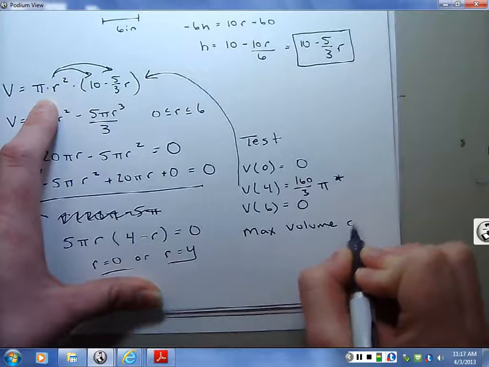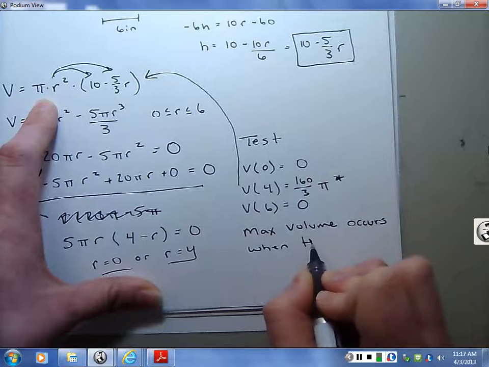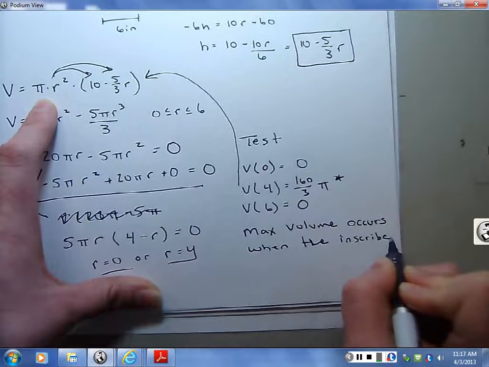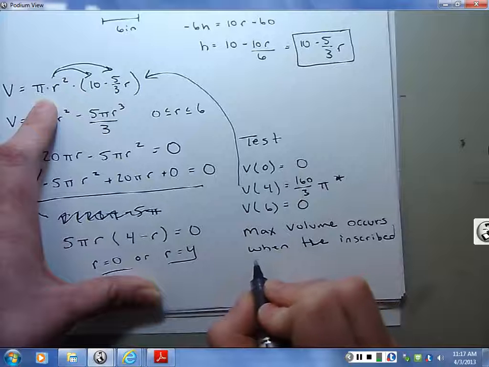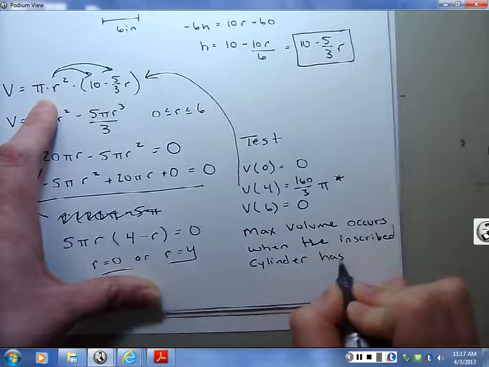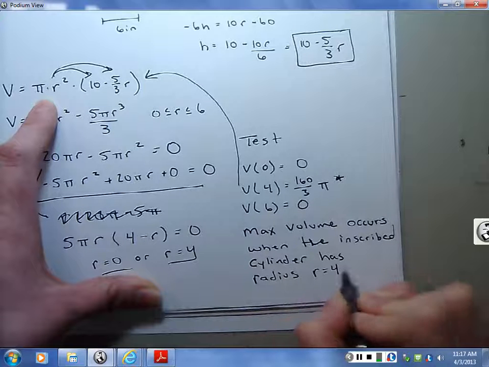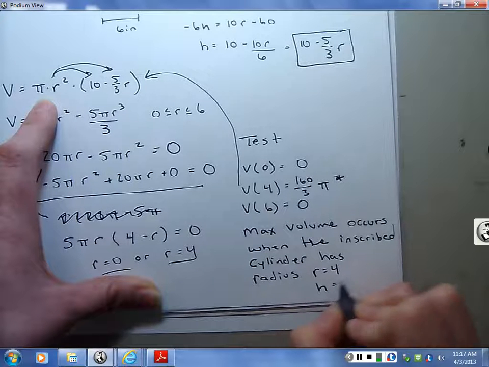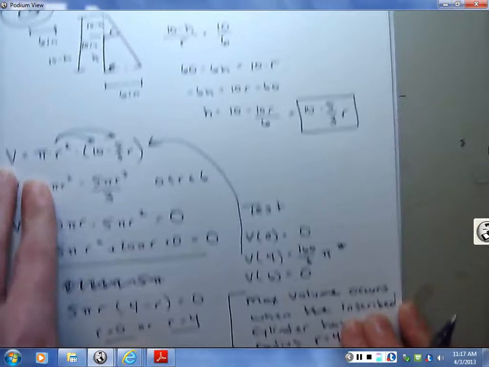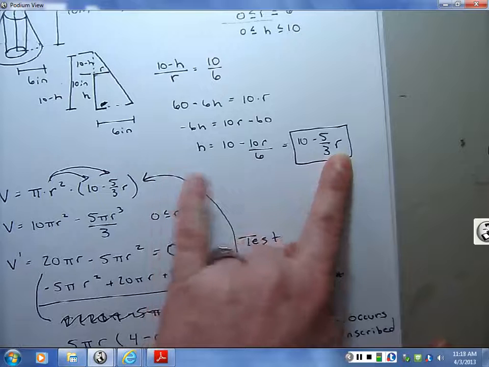Max volume occurs when the inscribed cylinder has radius 4, and the height would end up being 10 over 3 if I want to calculate that. If I plug in 4 for r, the height would be 10 over 3.